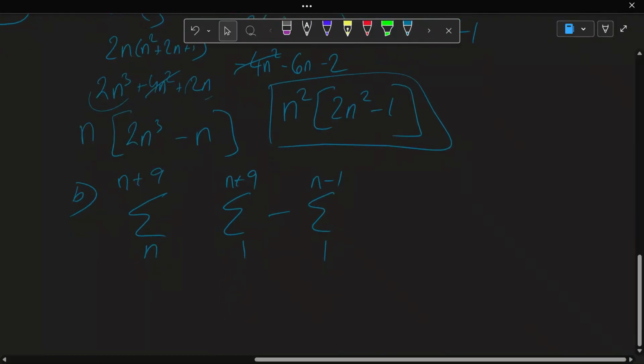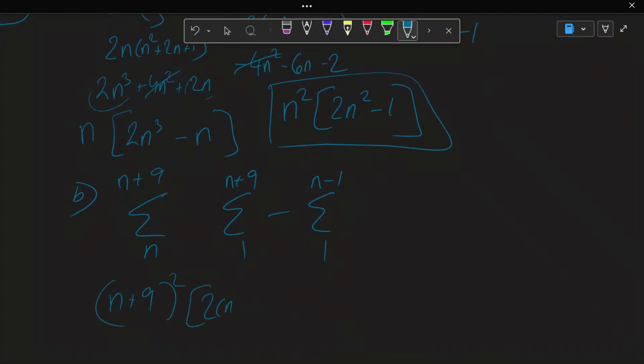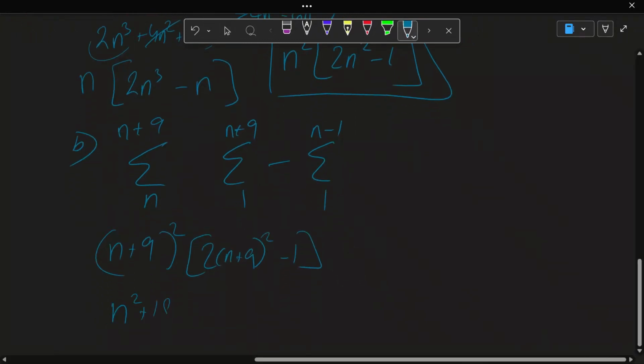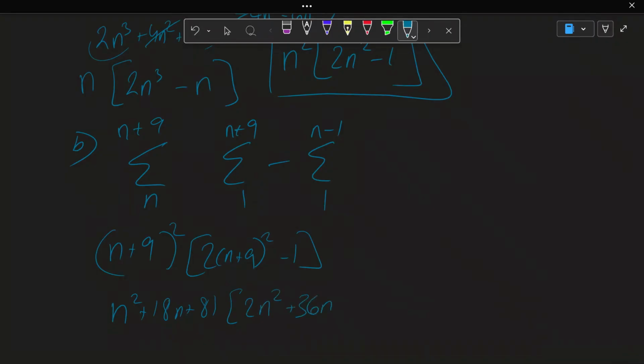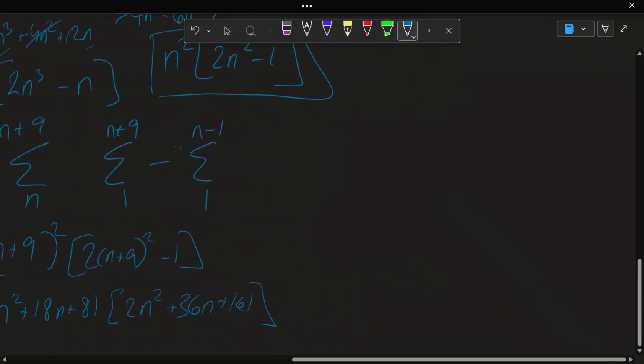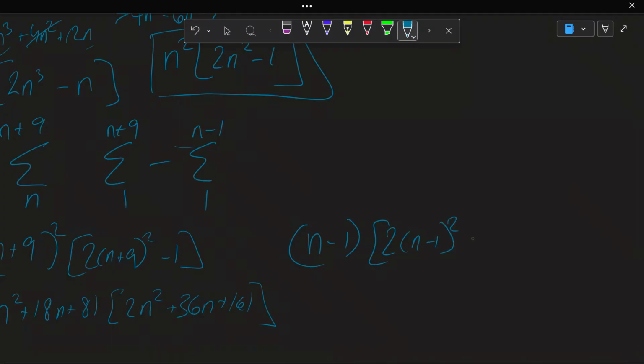So this will give us, if you sub in n plus 9, n plus 9 squared, 2(n plus 9) squared minus 1, which is n squared plus 18n plus 81, 2n squared plus 36n plus 161. And then with n minus 1, that will be n minus 1 squared, 2(n minus 1) squared minus 1, obviously. That will be 2n squared minus 4n plus 1.